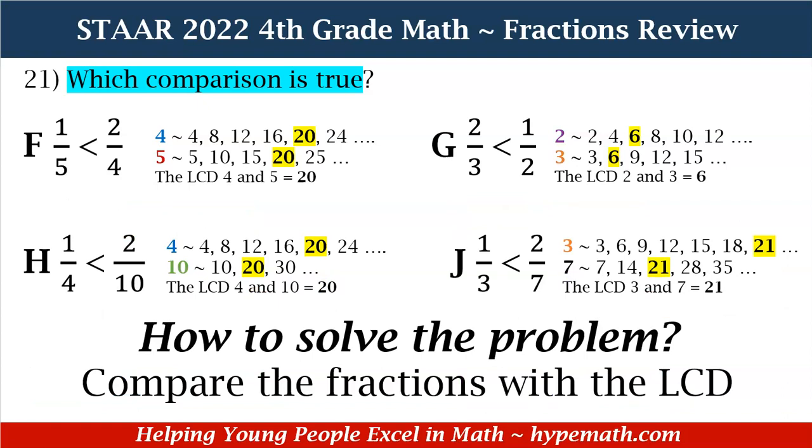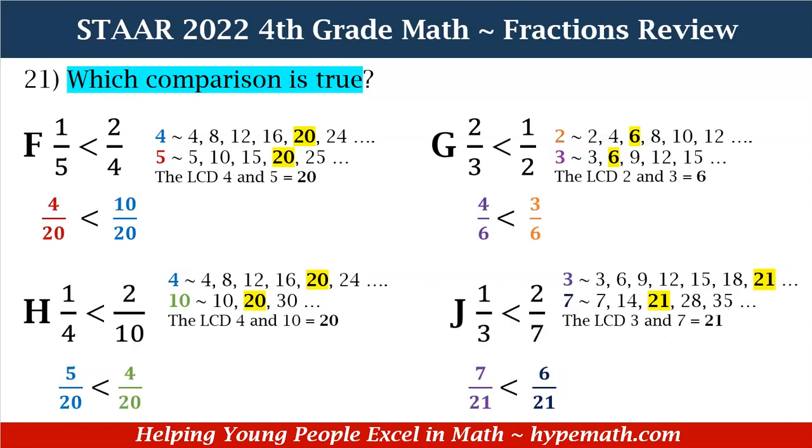Now, after we have all that information, we need to figure out how we're going to solve the problem. And in order for us to do that, we need to compare our fractions with our least common denominator. And let's look, okay? The equivalent fractions are right below the answer choices. So for 1/5 is less than 2/4, with our LCD being the same, it's 4/20 is less than 10/20.